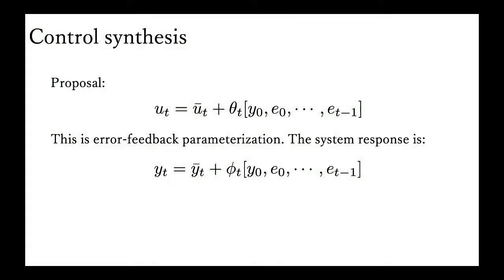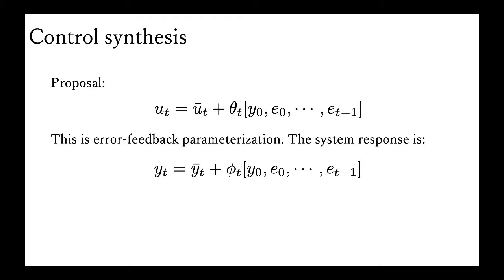Now here is the second main idea in this paper, which is the parameterization of the controller. Our controllers are proposed as affine maps of the history of errors occurring in the output predictor system.